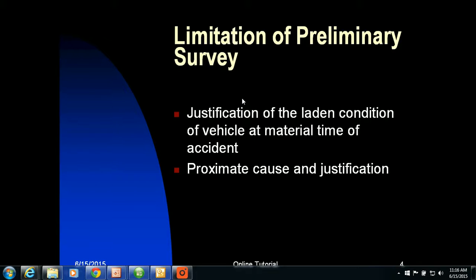We are now well aware that since the vehicle has shifted from the place of accident to a nearby place convenient to the insured, the metal loaded on the vehicle might have been removed, and you cannot take a photograph of the loaded metal which was on the vehicle at the time of accident. Even we cannot take the tracing of the wheel scratches on the road and conclude the approximate cause as consistent.